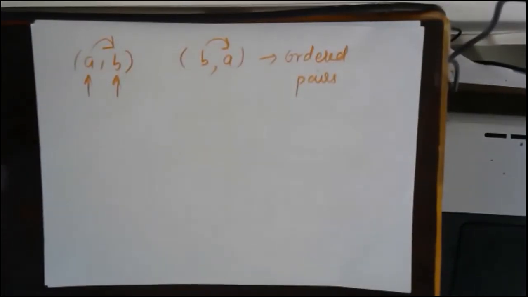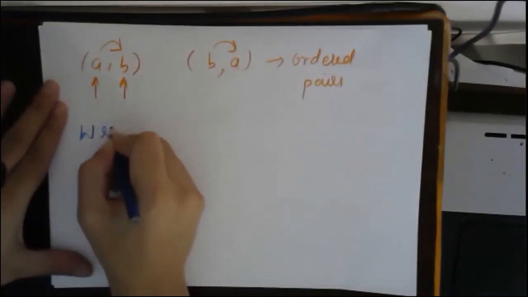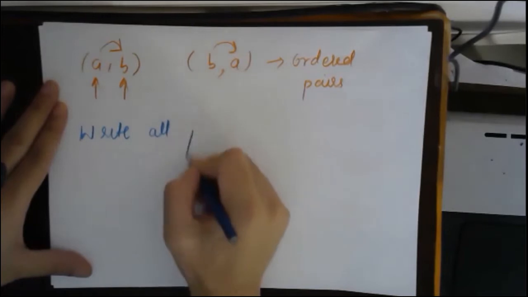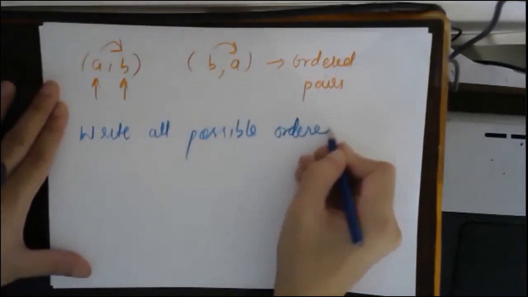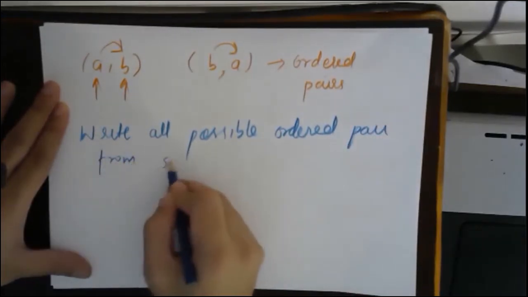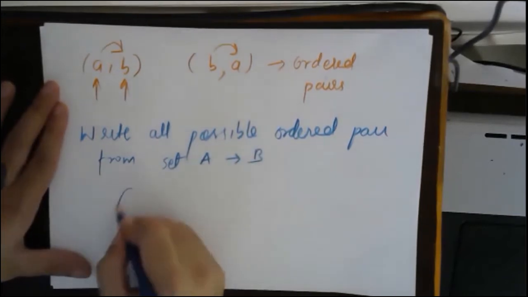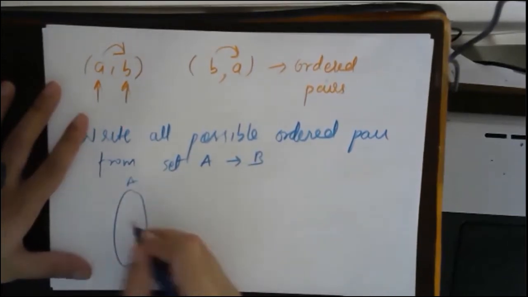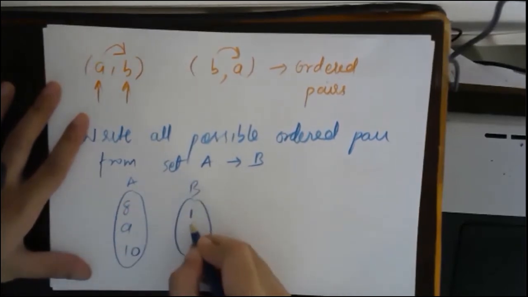Now suppose I say: write all possible ordered pairs from set A to set B, where set A has elements 8, 9, 10 and set B has elements 1, 2, 3.